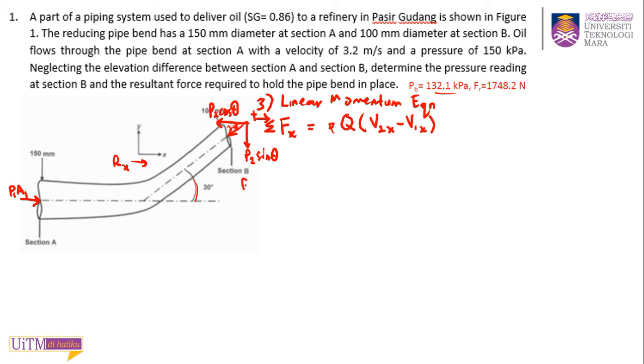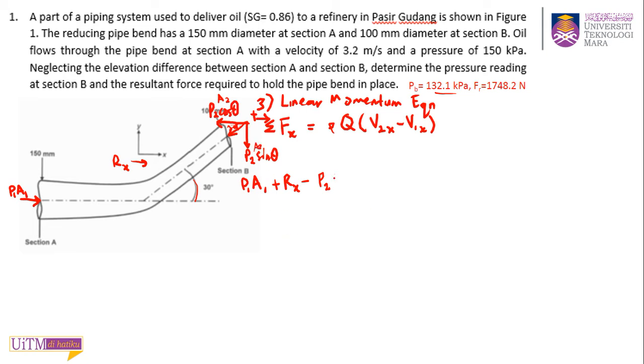You have P1A1 in the summation of force in x direction, and you have the Rx, the one that you want to find, the resultant force in x direction, and you have P2 cos theta, which is in the opposite direction to your reference. So that's why you minus. Sorry, it's P2A2, not P2 cos theta, P2A2 to find the force. So the same, P2A2.